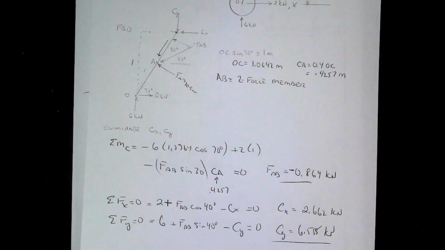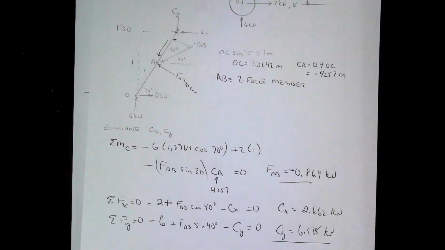So let's see. We're going to sum the moments at C, which seems like a very logical thing to do. We have 6 kilonewtons, and if we follow that up, we would need this horizontal distance to go with it. As 6 comes up, that's going clockwise, so we'll go with a -6, and then I need this distance.